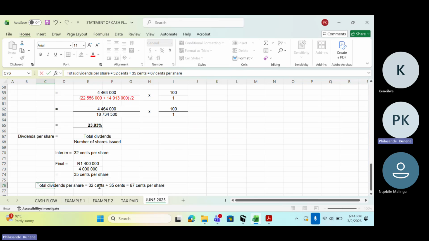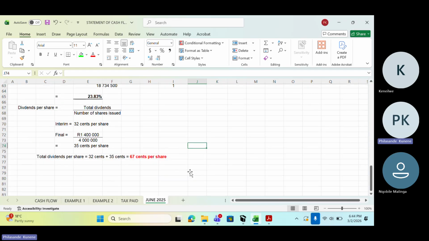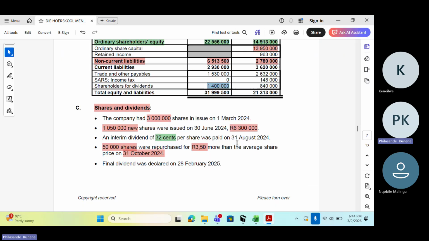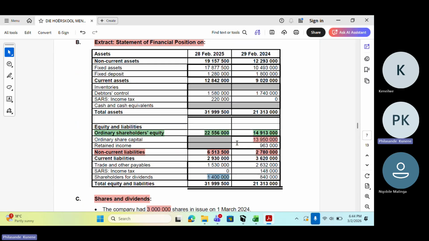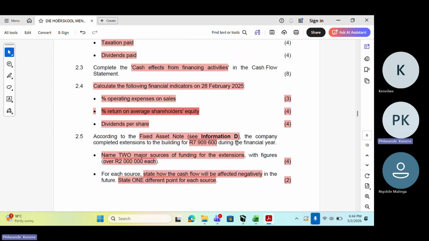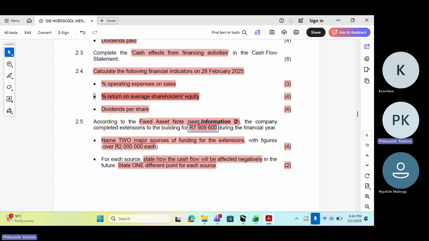That is the dividends per share. I hope you can see this. It was just a matter of doing these calculations. Other than that, there's nothing much that we should be worried about.